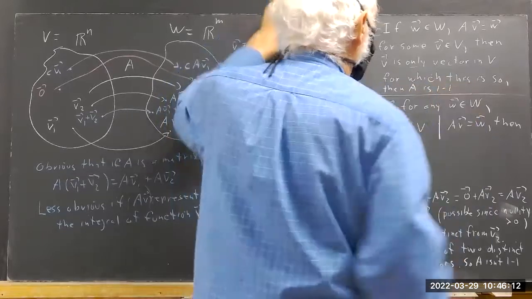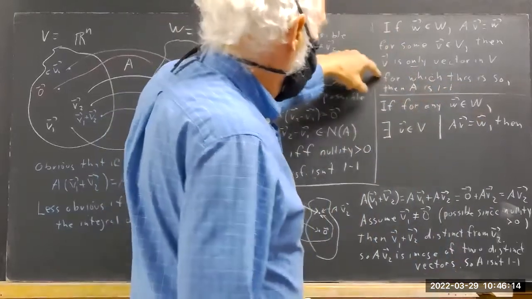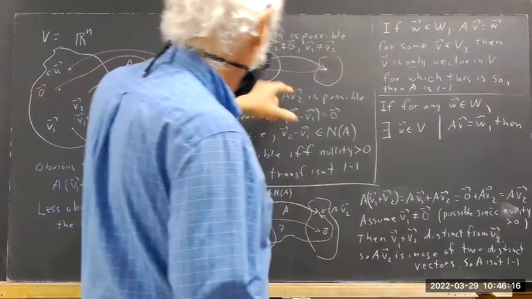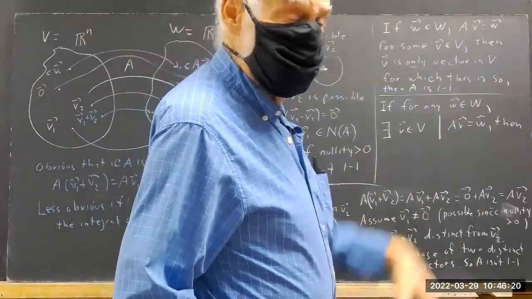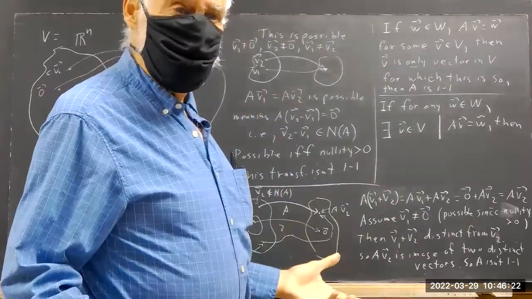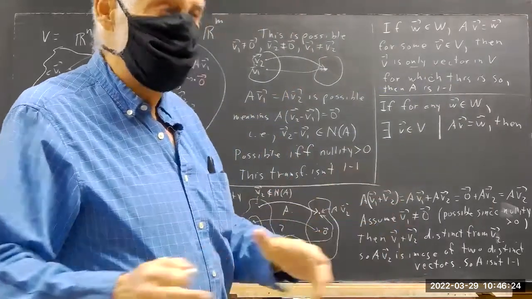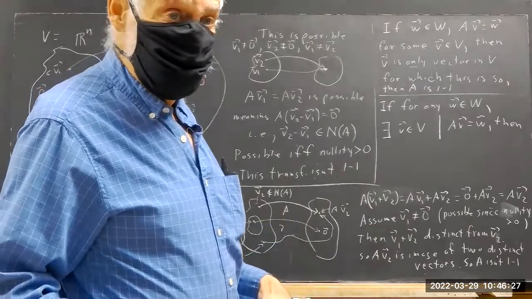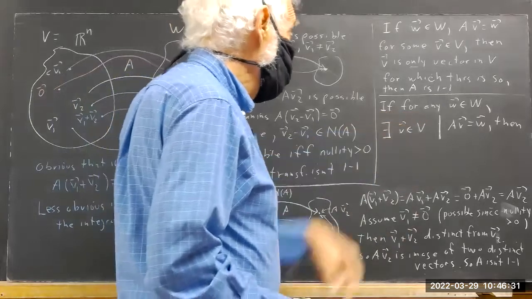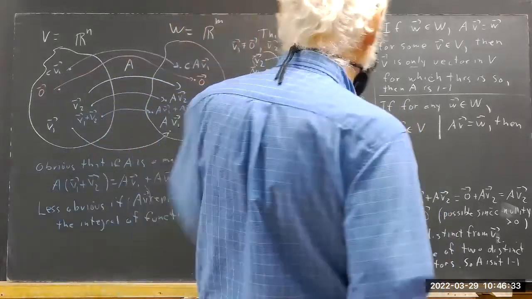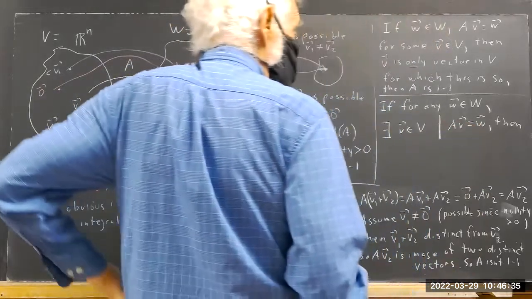Now under this case where this can't happen, then you say that A is one-to-one. That's your definition of one-to-one. It's an okay definition. Your book's definition is a little more formal, but it says the same thing. Okay, if for any W, there's just a V such that AV equals W.